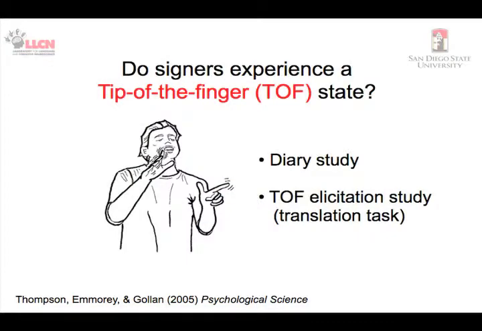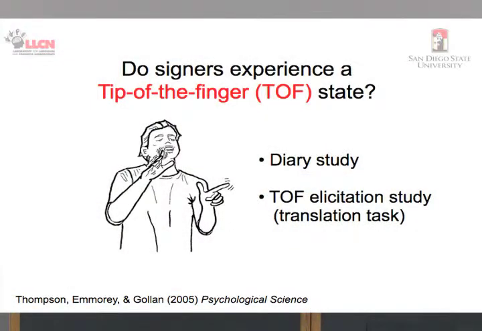So our question was, do signers experience what we call the tip of the finger state, in parallel to tip of the tongue? The question is interesting because if you have this conflation between semantics and form, you shouldn't have a tip of the tongue, because once you get the meaning, you should get the form, because they're so intimately entwined.